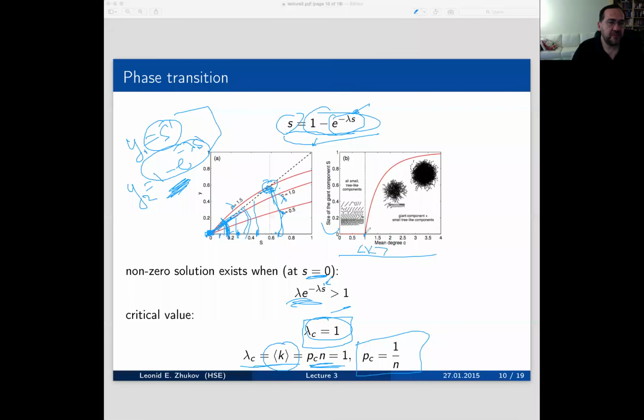Then nodes start belonging to the gigantic connected component. On this side we have this hairball; here we have separated pieces of the graph. That is the essence of the phase transition and of the random graph model. Any questions on this slide?